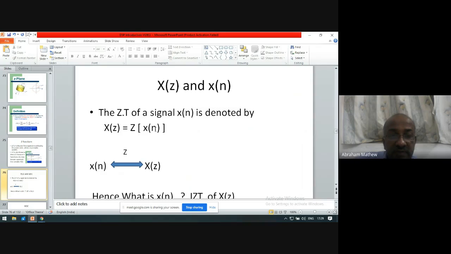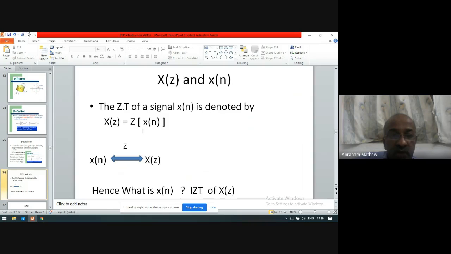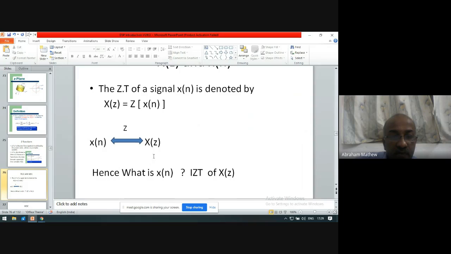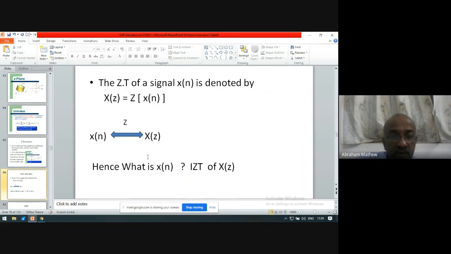Now we know x of n represents the discrete signal. Suppose if you want to obtain x of n back, what do you have to do? You have to take the inverse Z transform of x of z. That is what this is all about. So if we take the inverse transform of x of z, we will get our discrete signal.